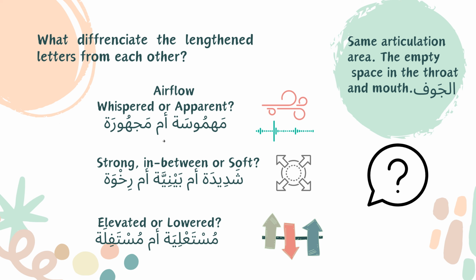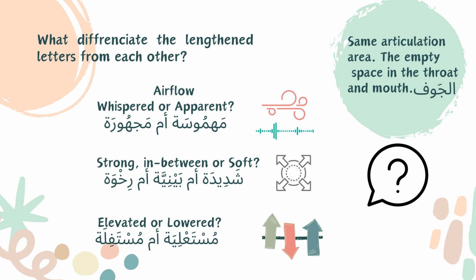And we also talked about the vibrations and the air that is accompanied with the letter. Is there any vibration in the letter? Is there any air accompanied with the letter? And the letter can either be apparent or whispered, harf majhur or mahmus. And also we talked about the direction of the sound, right?